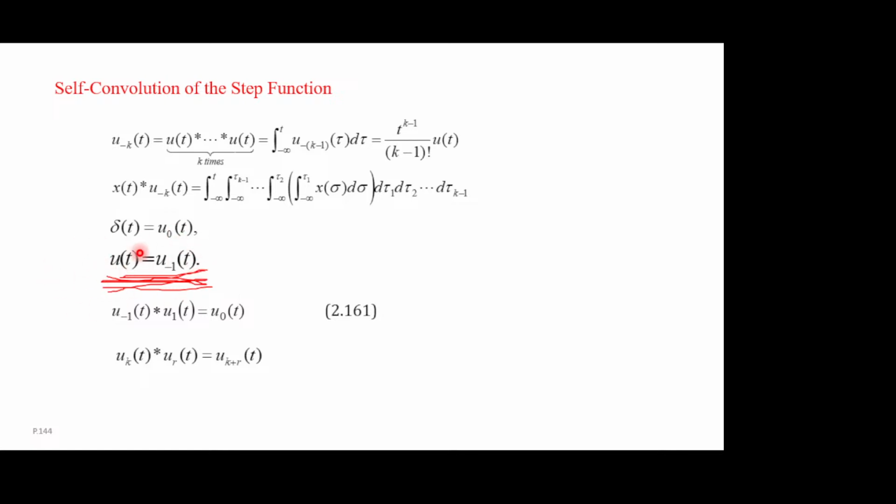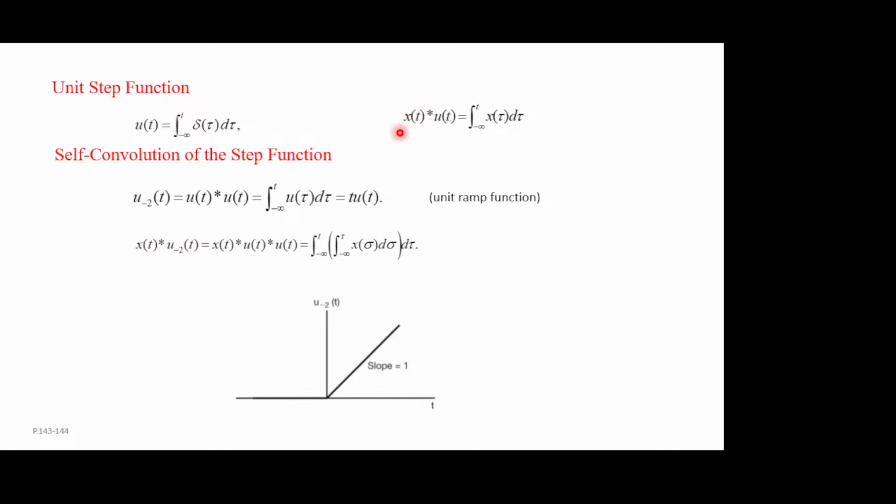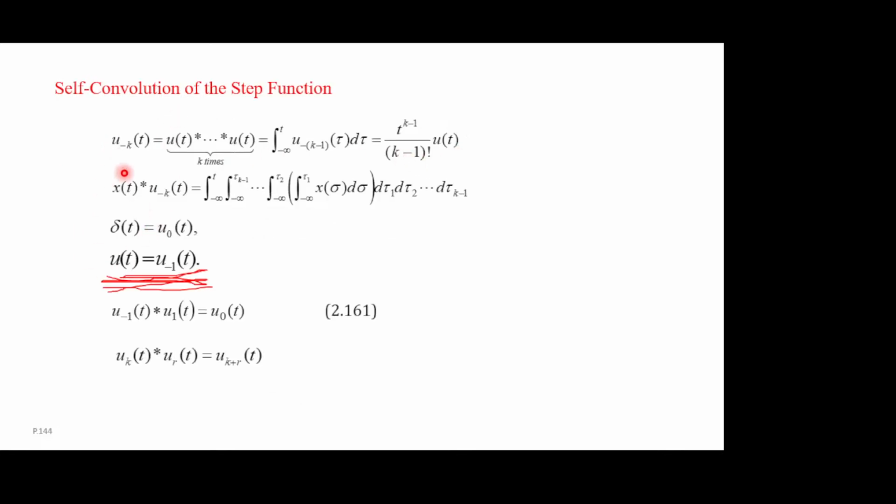Remember, u of t equals u sub minus 1 because when you convolve x of t with u of t, you get the integration of x of t. And so in our sub k, we are basically tracking how many times we are doing the derivative on x of t, and because convolving with u of t is integration, that's doing minus 1 times the derivative.